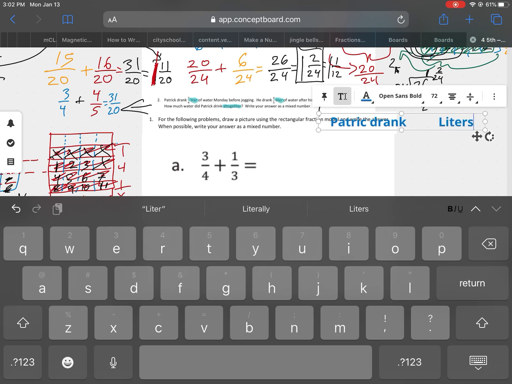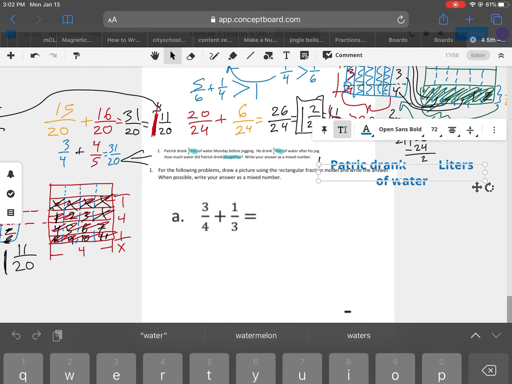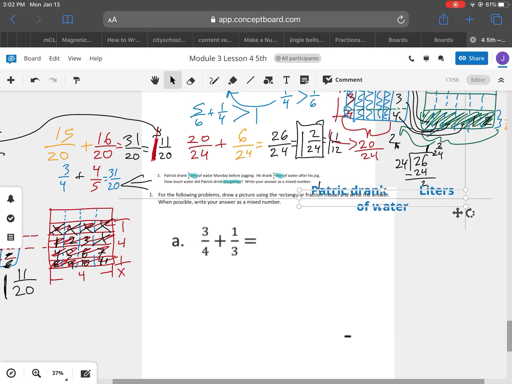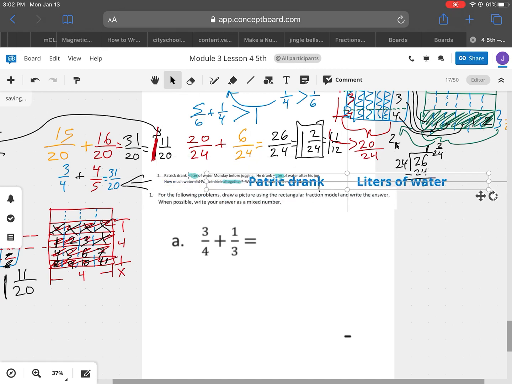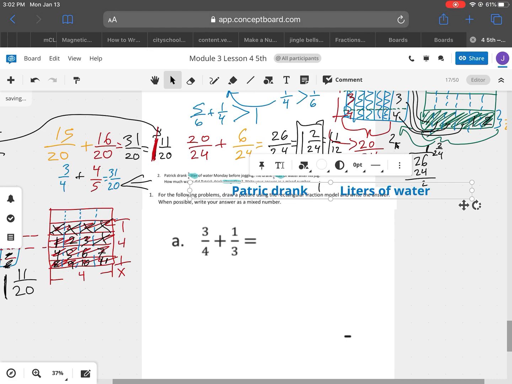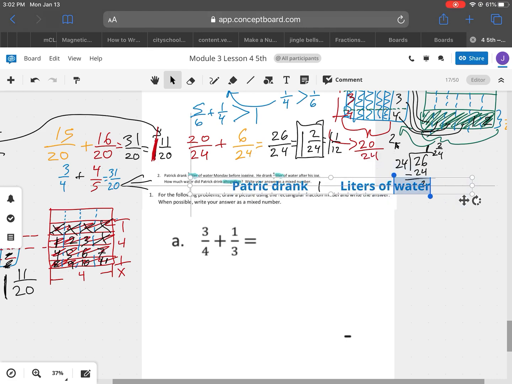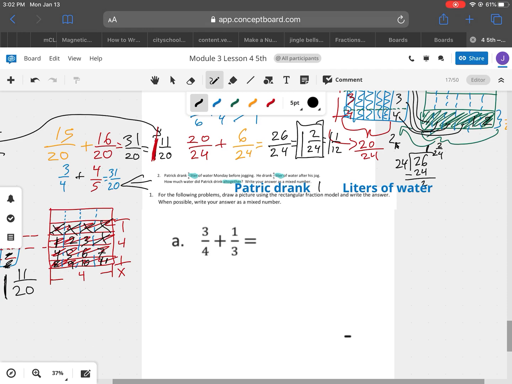Liters of water. Here we go. So he drank 1 11/20 liters of water.